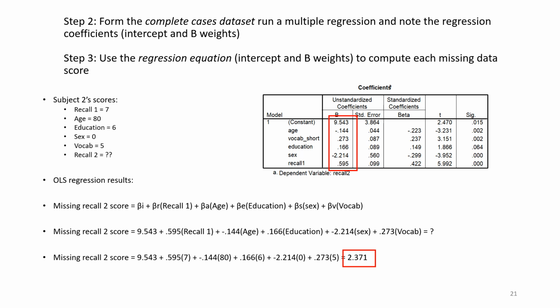And so if we look at the third line from the bottom, you see missing recall 2 score is equal to the intercept plus the B weight for recall times recall plus the B weight for age times age plus the B weight for education times education plus the B weight for sex times sex, and finally the B weight for vocabulary times a vocabulary score.